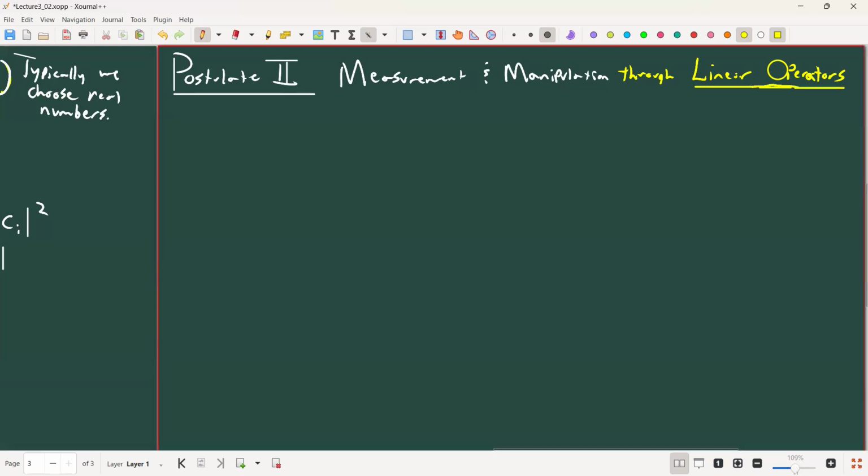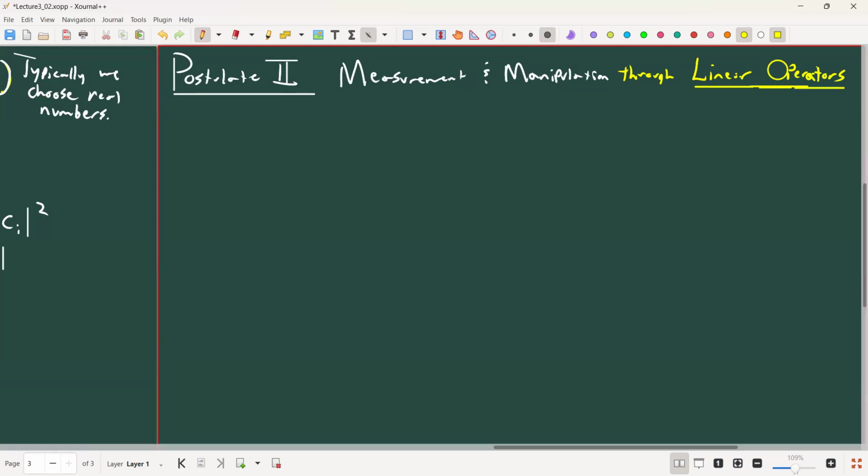Okay, and that sounds like a really scary term. What the hell is an operator? You guys have worked with operators in math class before since elementary school. You just never heard them called this way. So let me give you an example of what an operator is.